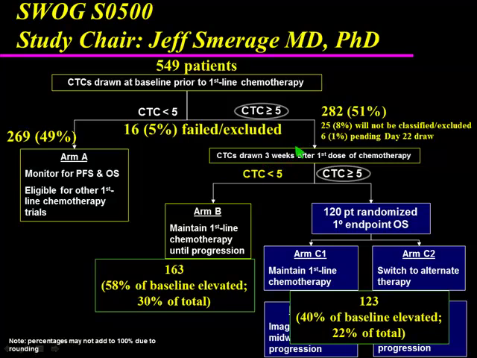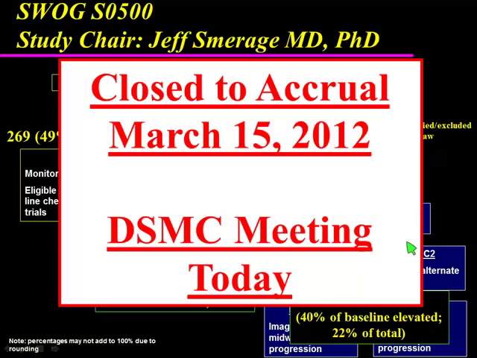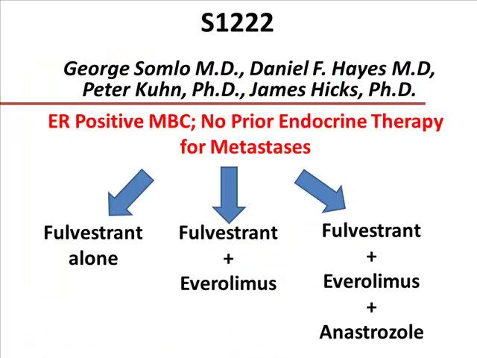However, if they still had elevated cells at first follow-up, they were randomly assigned to either staying on that therapy, a standard of care, or switching to an alternative chemotherapy. The good news is that it was fully accrued about 1.5 years ago, and the DSMC is meeting today, and we're holding our breath and hoping we get data released to us. I can't tell you if we will or not, but we're hoping we will.